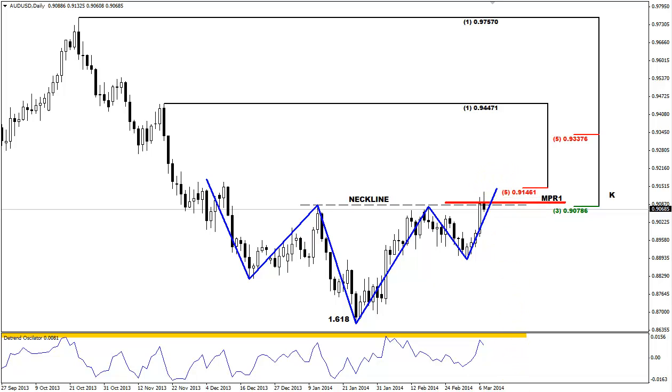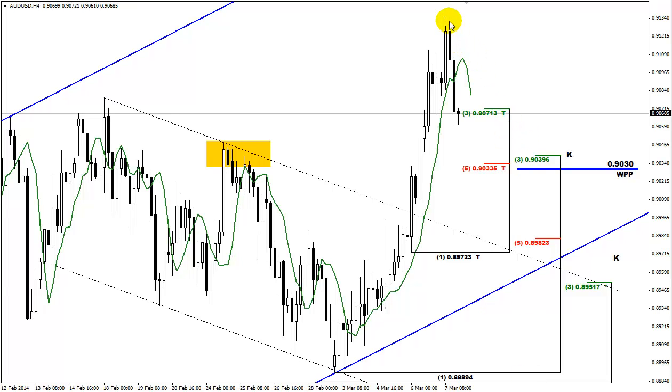So for example, instead of making a double repenetration or bread and butter, the market can turn directly to the upside, making maybe some butterfly here, reaching the target on the daily time frame, and only after that returning right back to the downside. So the price action behavior on these areas here will be very important for the development of the situation on Aussie dollar in the next few trading sessions.